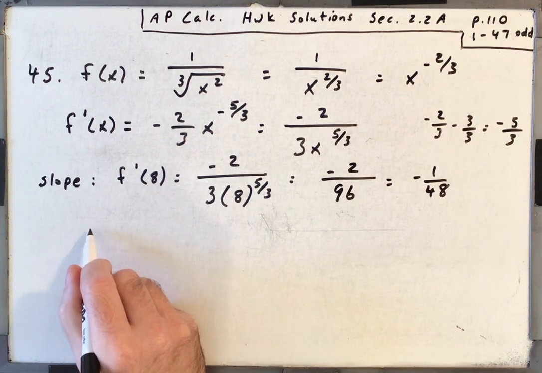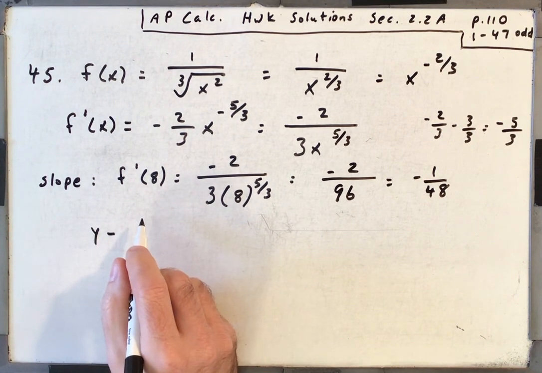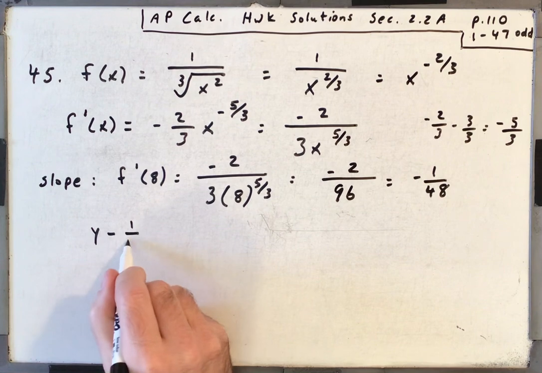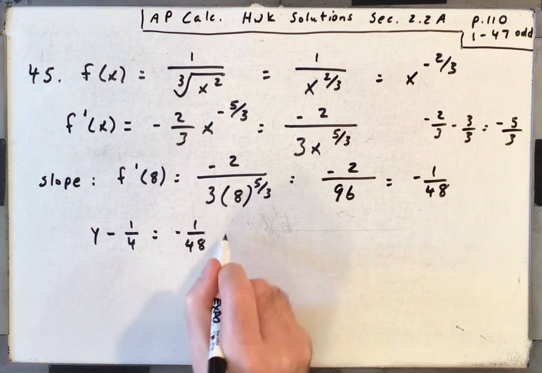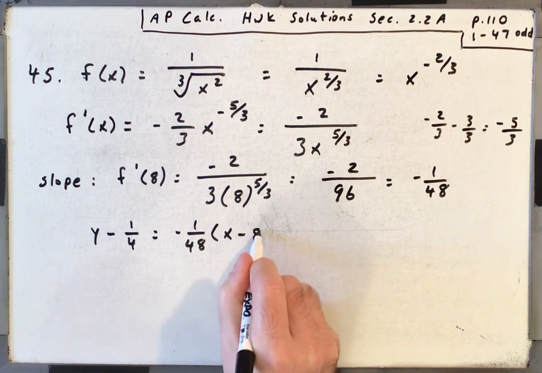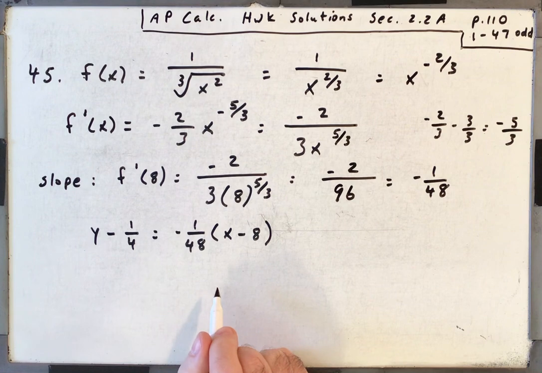And so with point-slope form, that would be y minus y1, which is a fourth, is equal to negative 1 over 48 times x minus 8. I am totally fine, again, with you leaving it just like that.